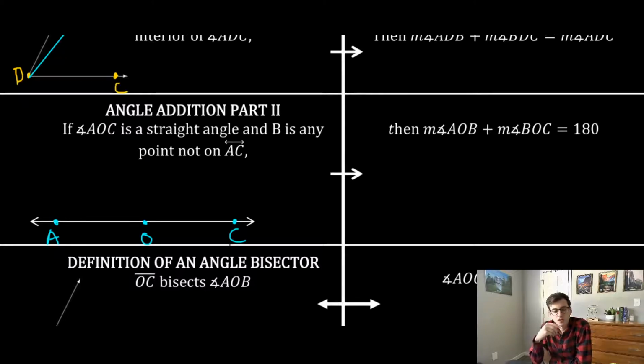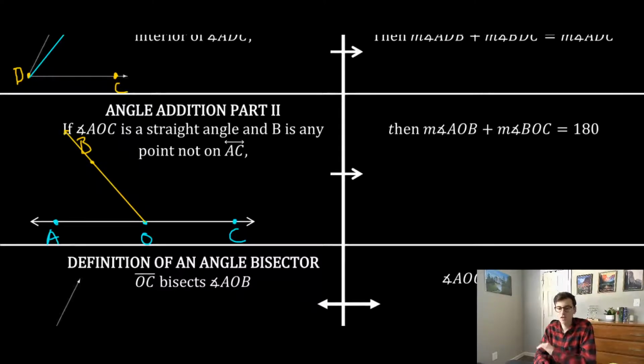If AOC is a straight angle, and B is any point not on AC, then the measure of angle AOB plus the measure of angle BOC equals 180. So let me put B somewhere over here. And again, we'll use the line tool to draw a line from O to B.